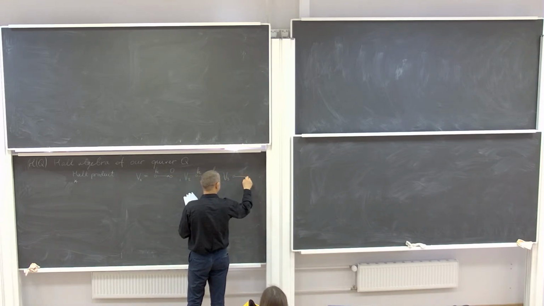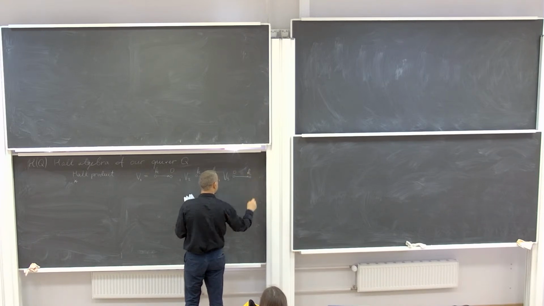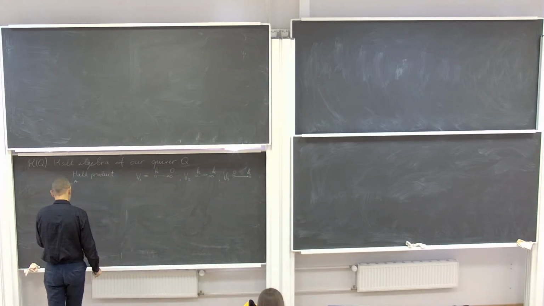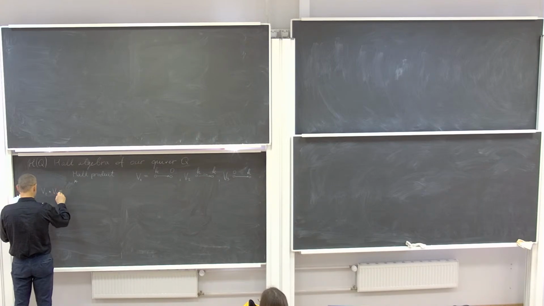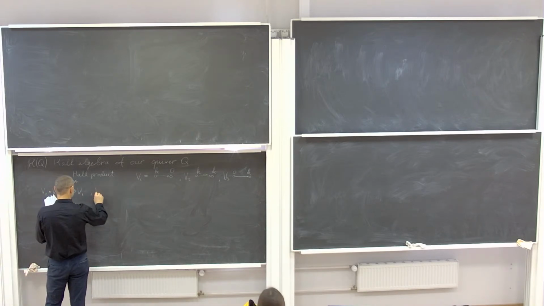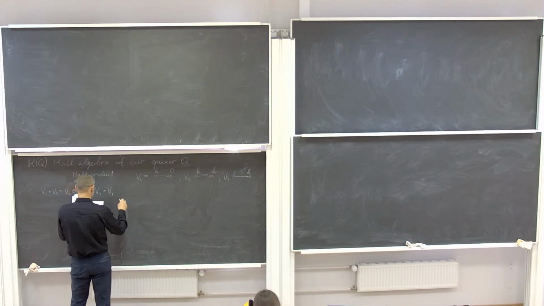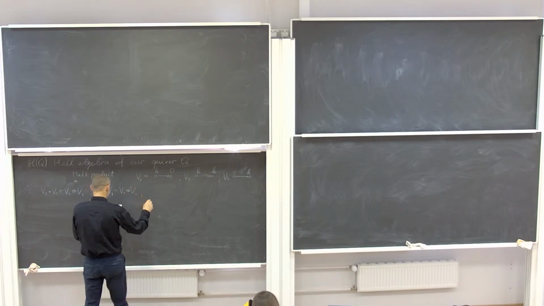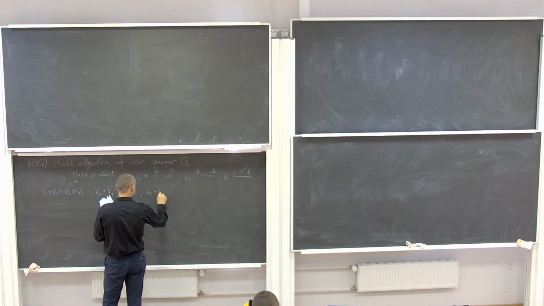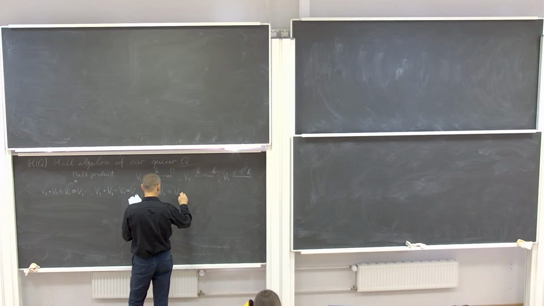Okay, so we computed that this product was the direct sum of those, and V3 V1 was V3 plus V1, and V3 product V2 was V3 plus V2.